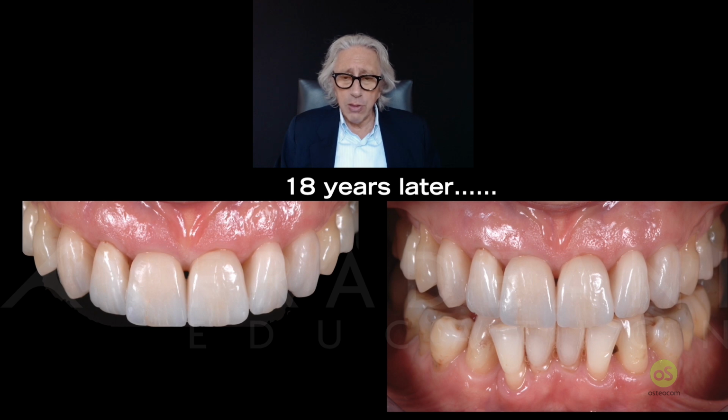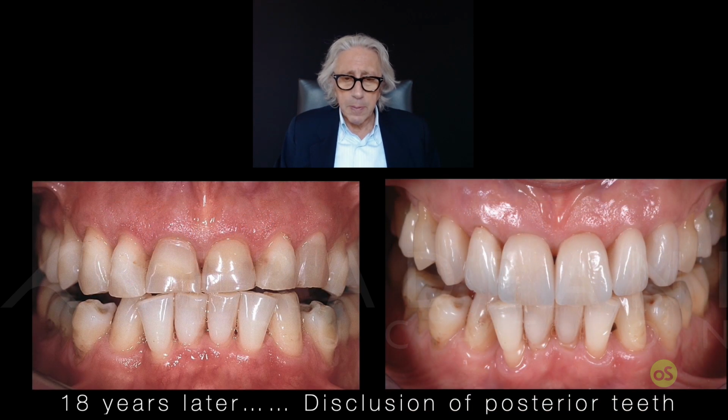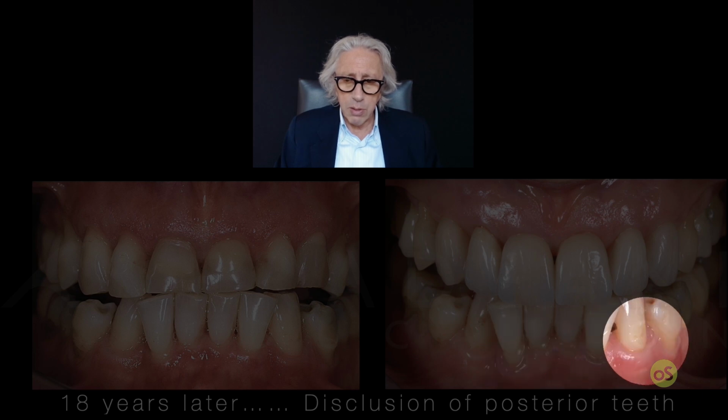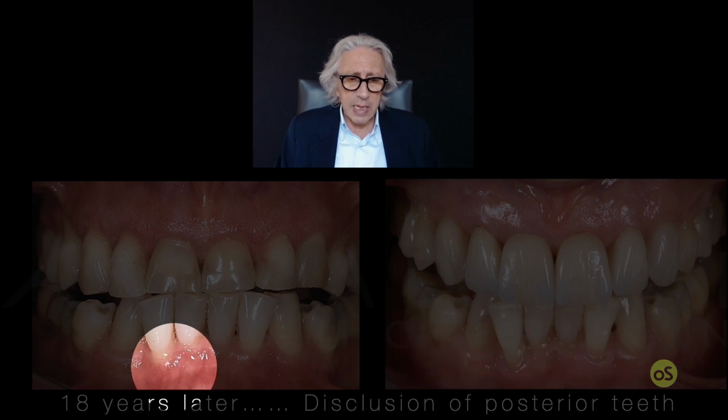It's still very good. No more recession on the cervical area, seems to be even better. But you see the anterior guidance, excluding the posterior teeth. So look at the disclusion. Look at the time passing. Look here and look here. Recessions. Okay? So it's 18 years later.